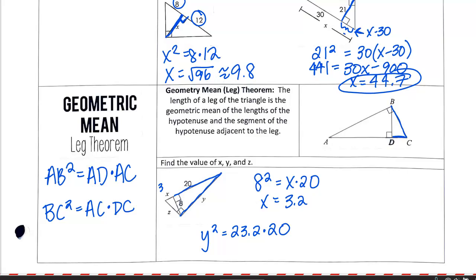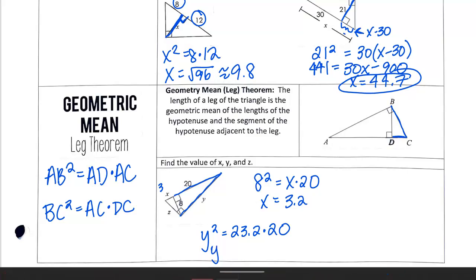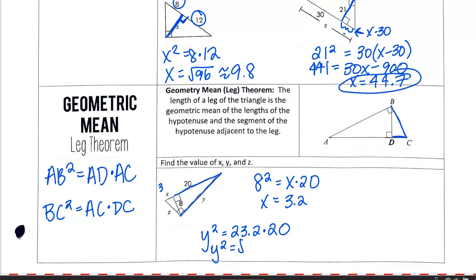Remember, adjacent means it's touching that piece. Okay, so when we plug that into our calculator, y squared equals 464. So that means y equals the square root of that, which is about 21.5.